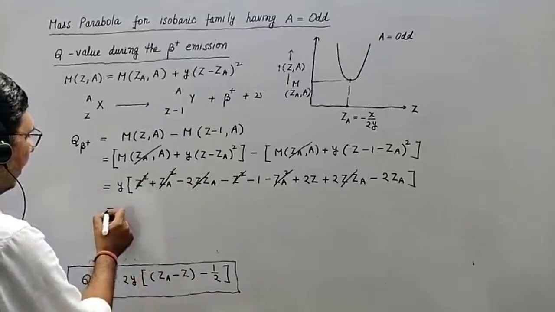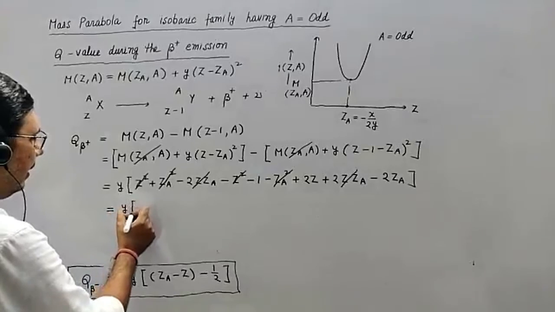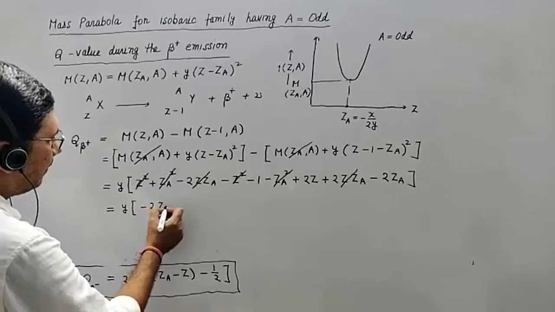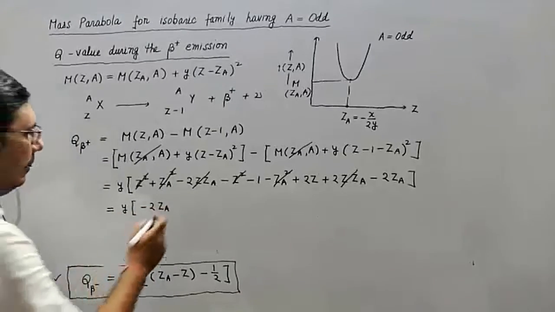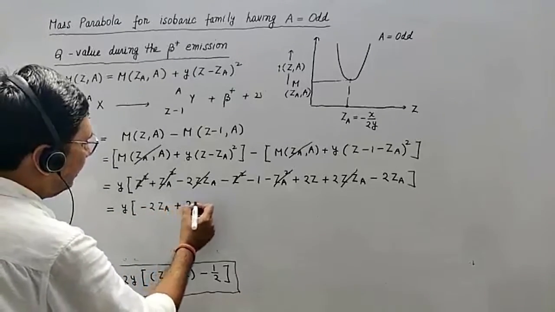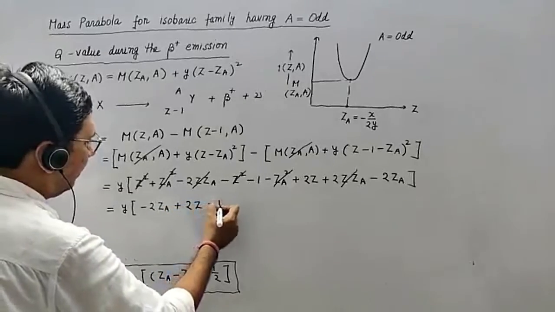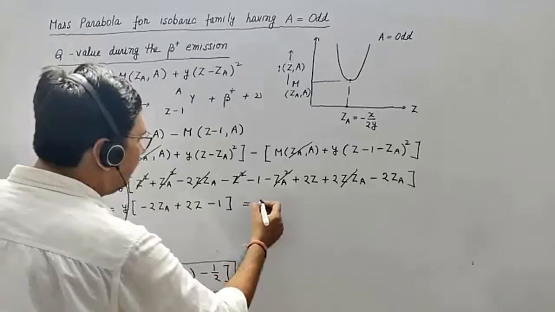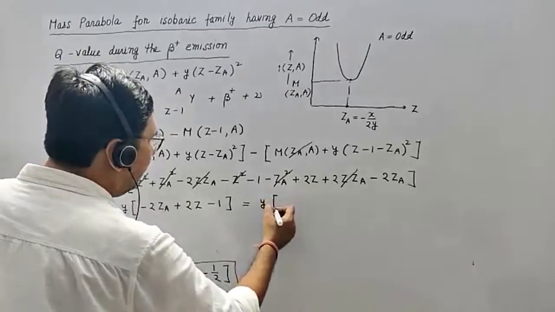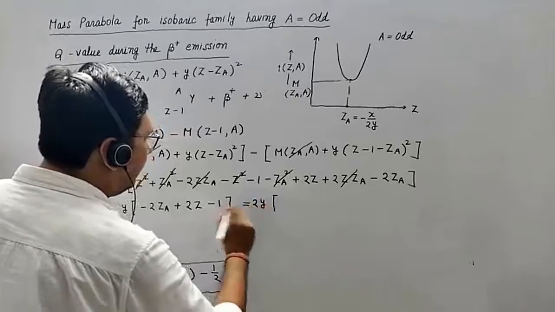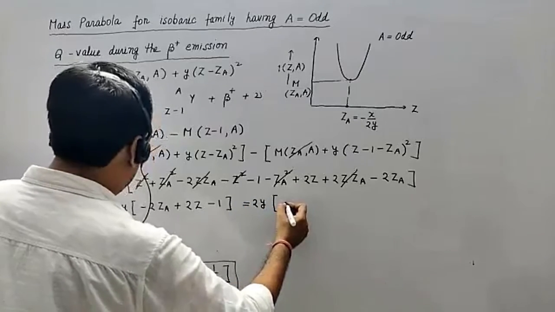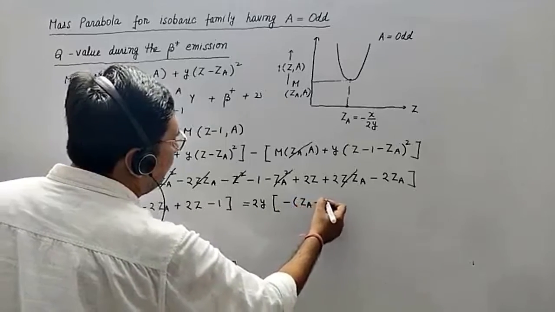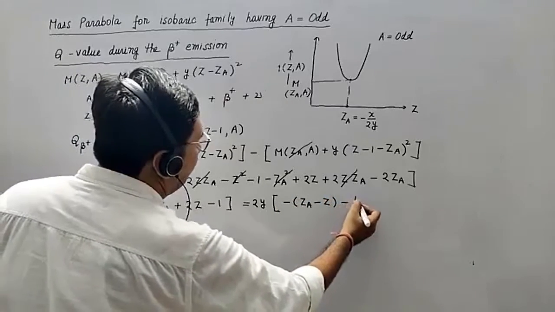Only 3 terms will survive, and we will write these 3 terms as minus 2 times ZA plus 2Z, and this will be minus 1. If I take this 2 common, then this will be Y, and here I will write 2, this will become with minus sign (ZA minus Z minus 1 by 2).